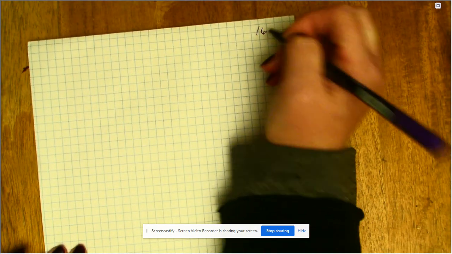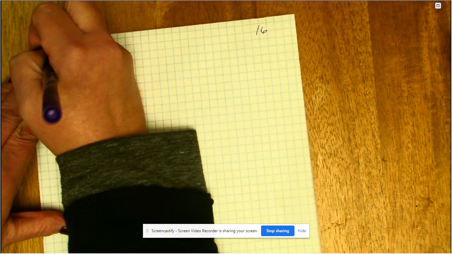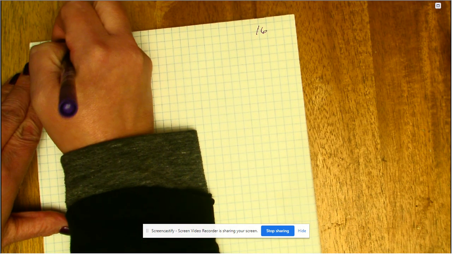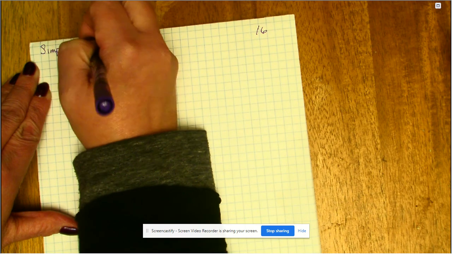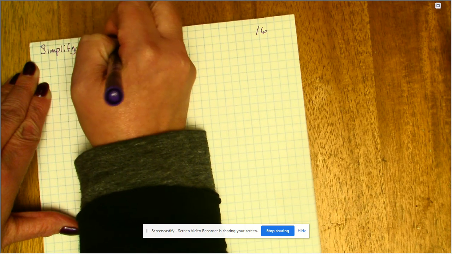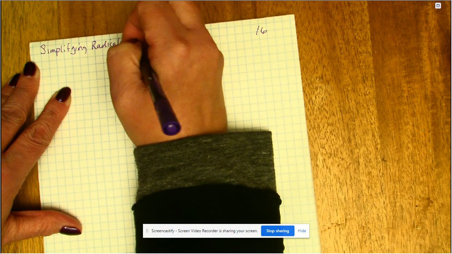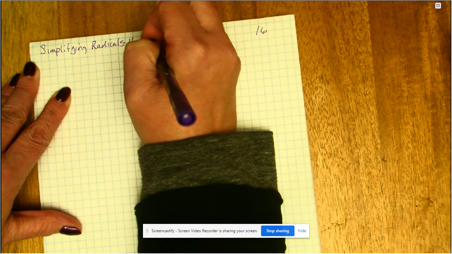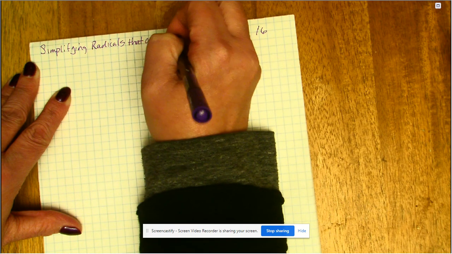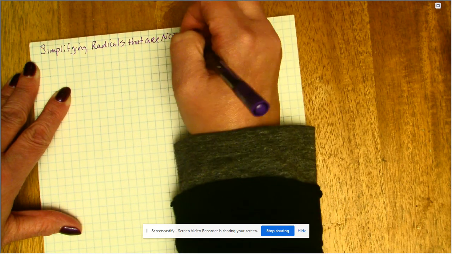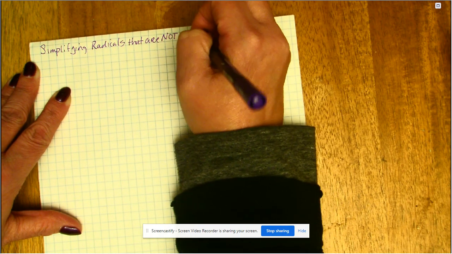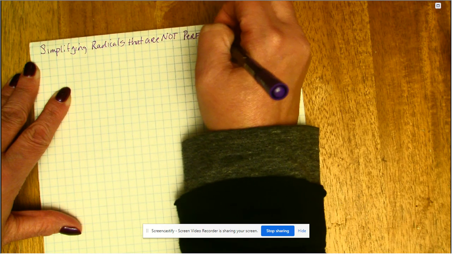So I'm on page 16 and simplifying radicals that are not perfect numbers.